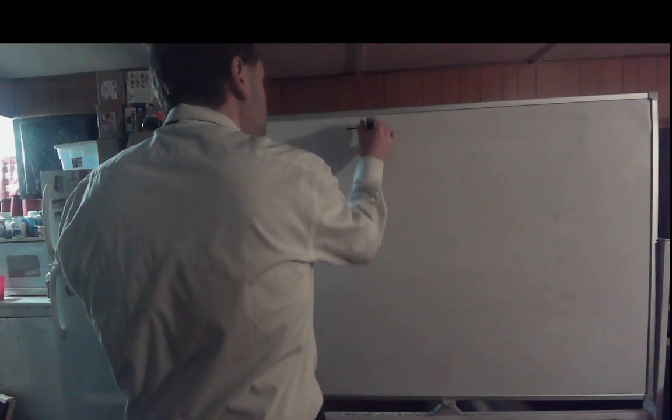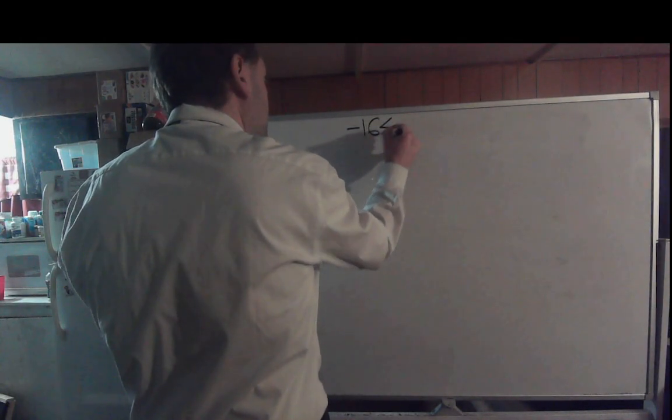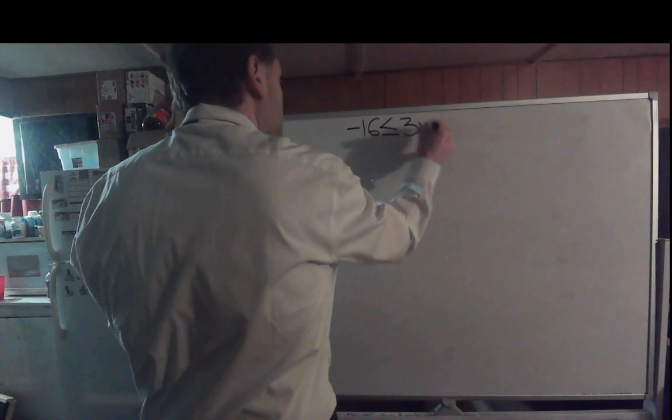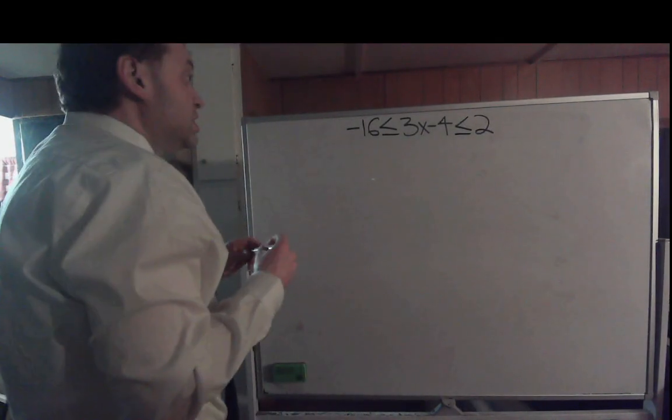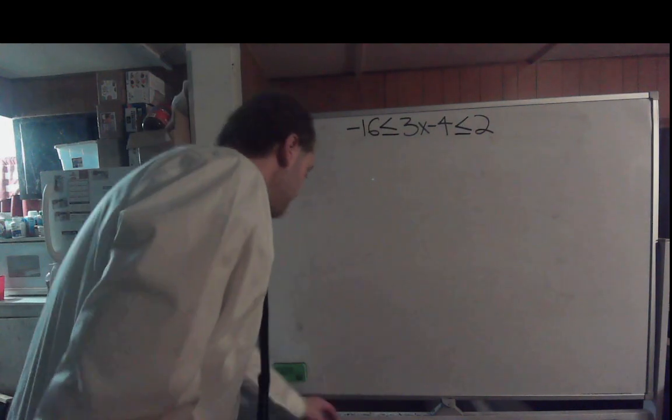Alright, so we have negative 16 is less than or equal to 3x minus 4, which is less than or equal to 2. Alright, so another compound inequality.